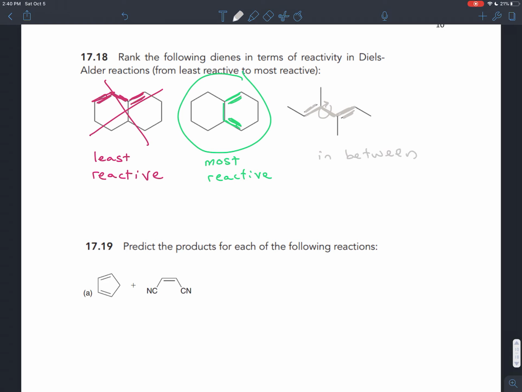It's in between because the way it is right now, it's in the s-trans, so it's not going to want to undergo a Diels-Alder. But if you heat it up, it'll rotate that bond. You have to heat it up a lot, though, so that'll take time. But if you do that, then it'll be able to react, eventually. So it's not going to be the fastest, but it at least could happen, which is not the case in this red one over here.